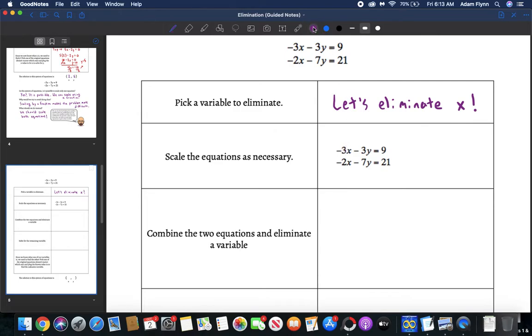The smallest number that those two numbers go into is going to be 6. So I need one of the coefficients to be +6 and the other to be -6. How about I multiply the top equation by +2, and the bottom equation I'm going to have to multiply by a negative in order to make it positive. I'll scale by -3.